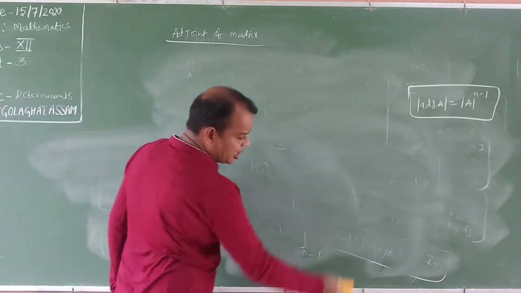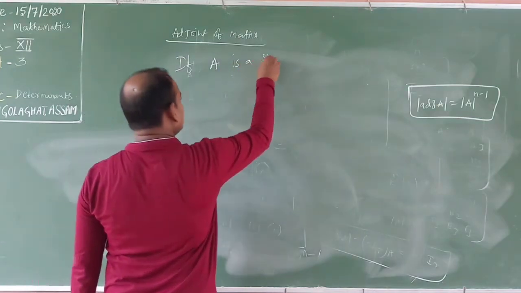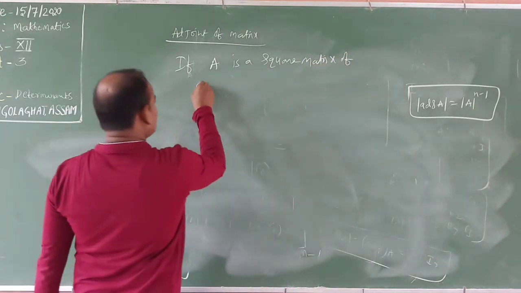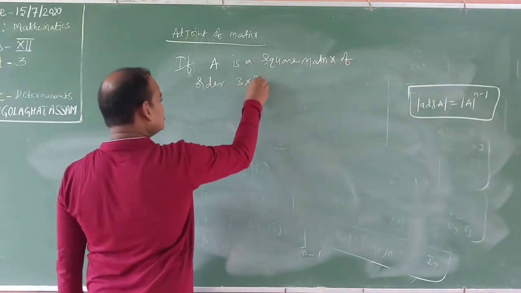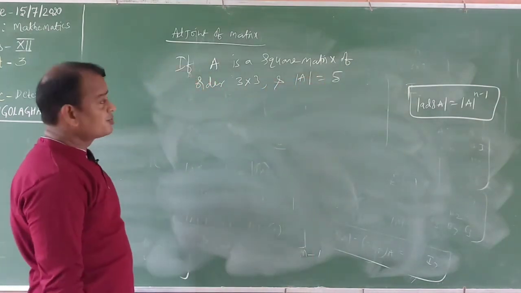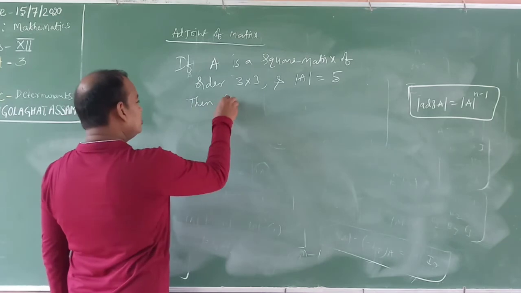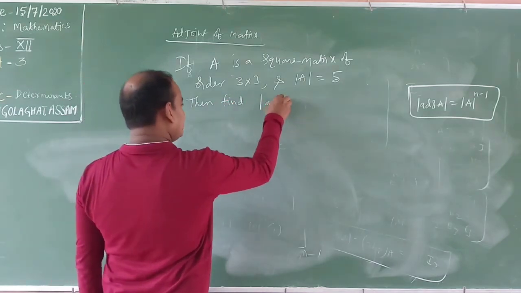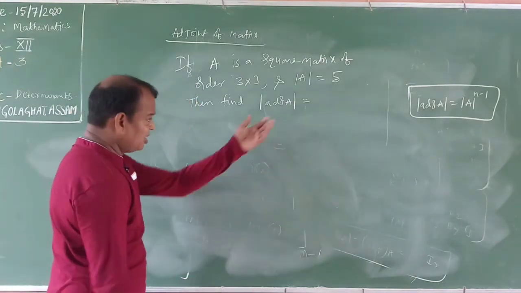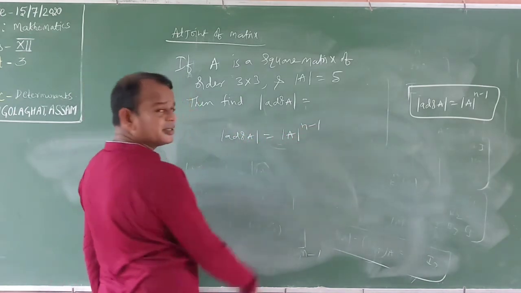If A is a square matrix of order 3 by 3 and the determinant of A is equal to 5, then find the determinant of adjoint of A. You know the formula: the determinant of adjoint of A is equal to det A power n minus 1.